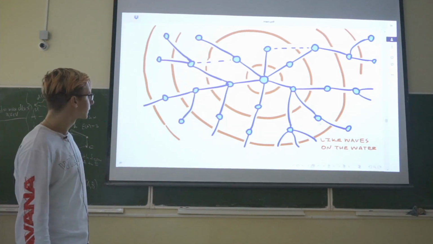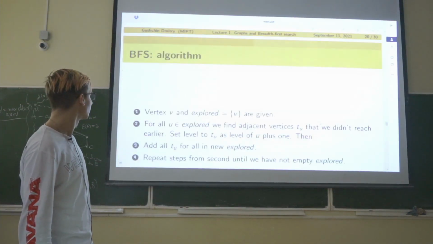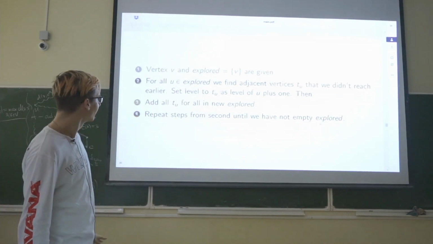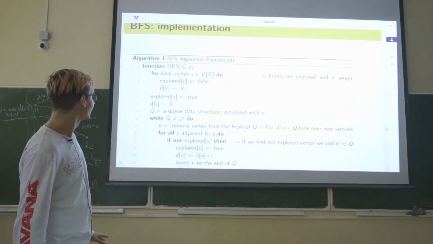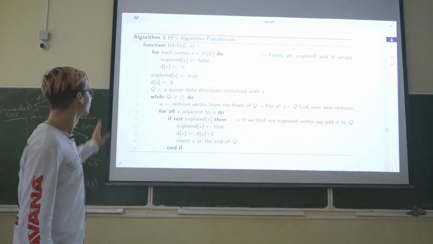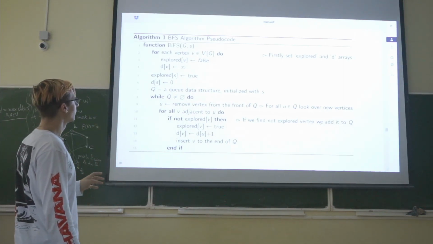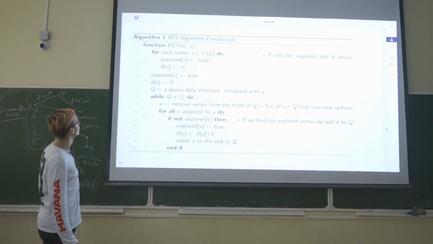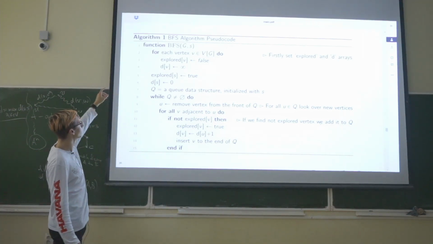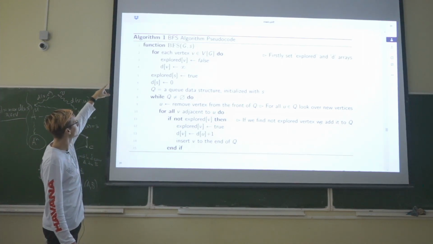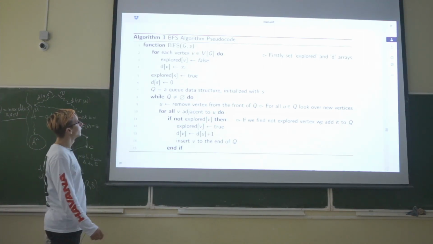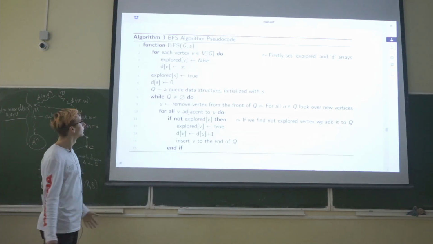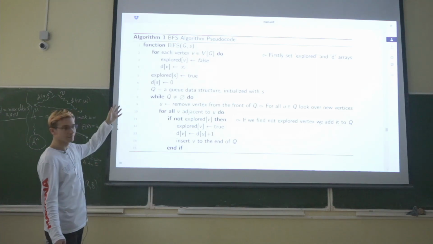So this is the formal mathematical algorithm, and here is the implementation in pseudocode. For example, in the first rows from 2 to 4, we say that we don't know the distance between V and other vertices.